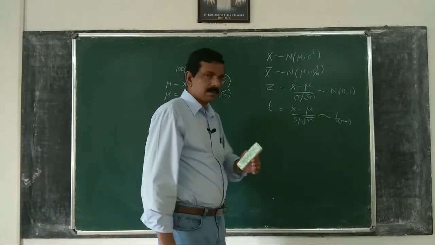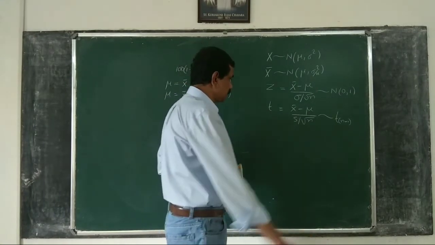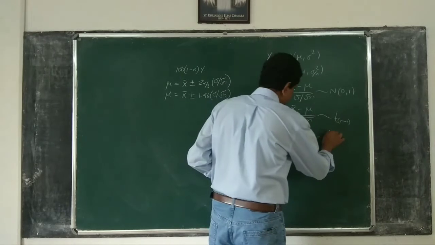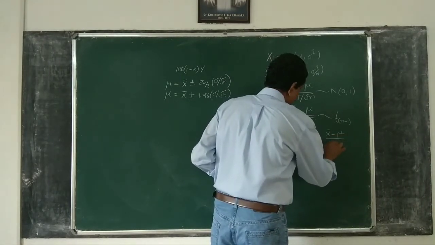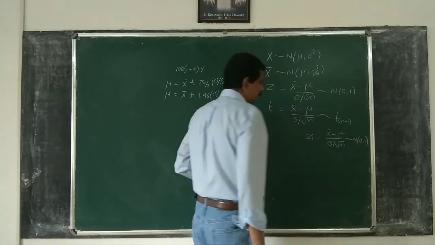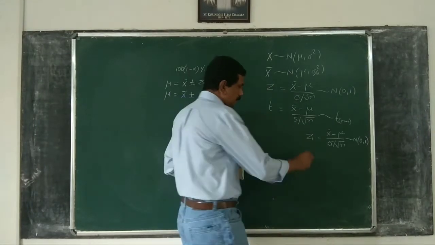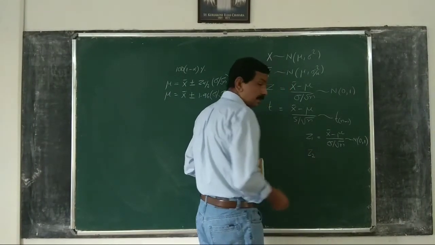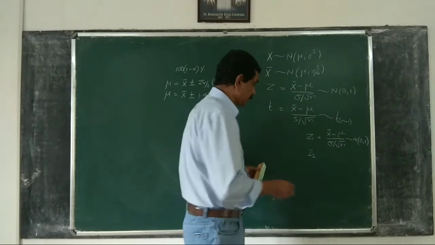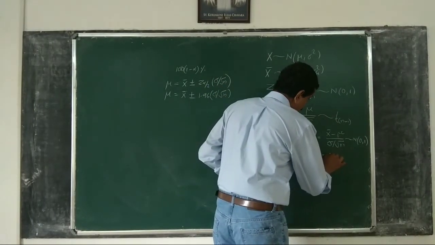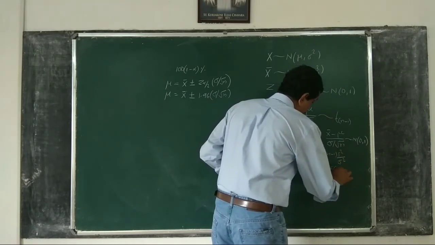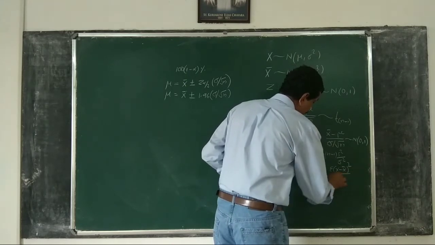Let us see how it is. As we have discussed in a previous class, if Z1 is standard normal, we know that x bar minus mu by sigma by root n is normal with 0 and 1, standard normal, and Z2 is chi-square with k degrees of freedom, and in this case n minus 1 degrees of freedom, and we define Z2 as n minus 1 into s square by sigma square, which was written as sigma x minus x bar square by sigma square.